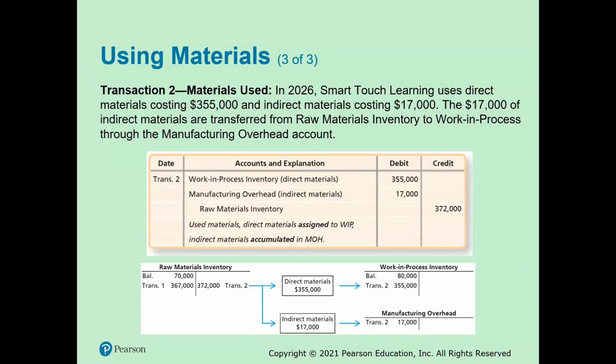Manufacturing overhead is a temporary account that is used to accumulate indirect production costs during the accounting period. Now, because it is a temporary account, it is classified as an equity account. Now, we will show how manufacturing overhead is adjusted later in this presentation.